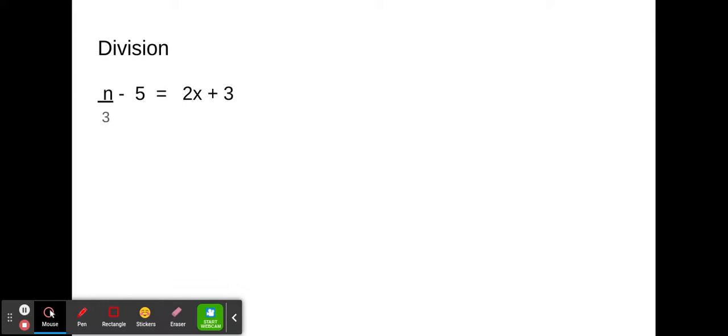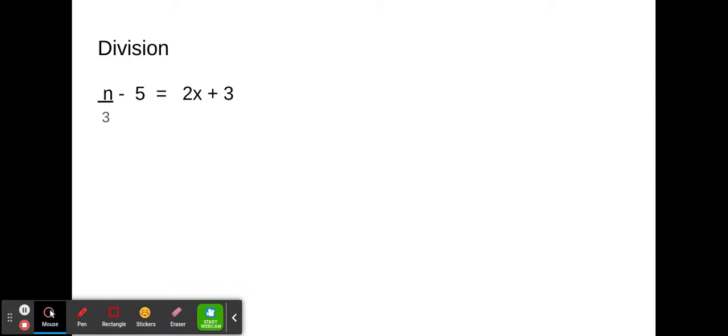Our next example involves a division within the equation, so that means we're going to have to multiply to solve that. What I would first do is look at this left-hand side of my equation. I'm not going to mark the board, and I would treat it like, what do I need to do with that side?